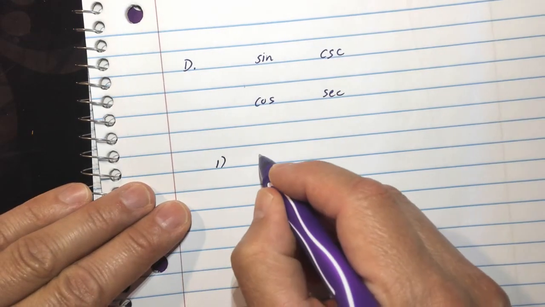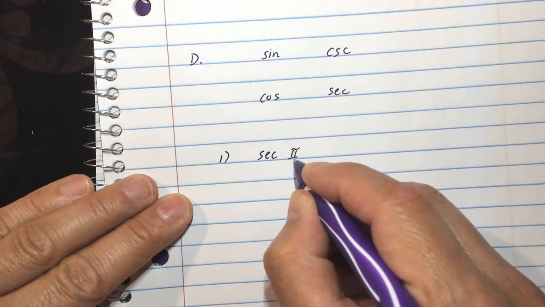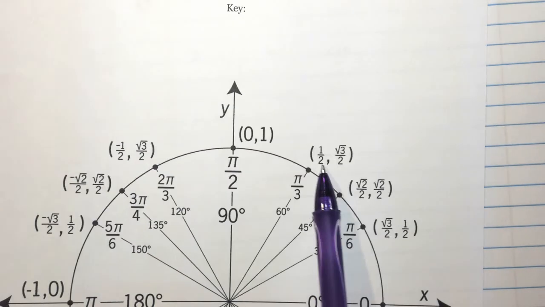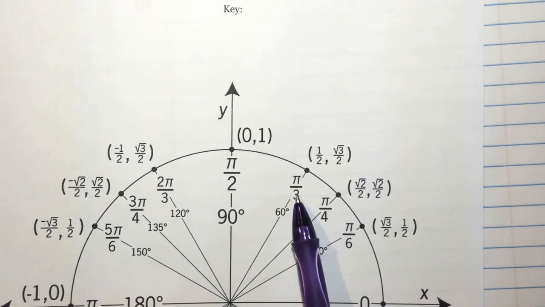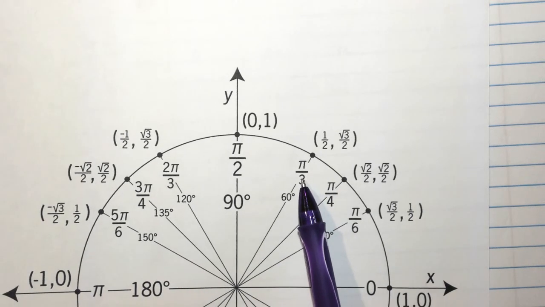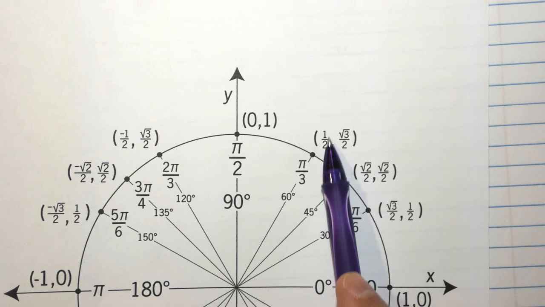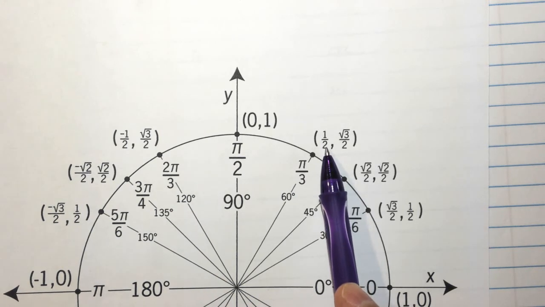Let's go secant of pi thirds. Let me show you. So first you go to pi thirds on the unit circle. Right there. Pi thirds. Secant is the reciprocal of cosine. Cosine is a half in this location.